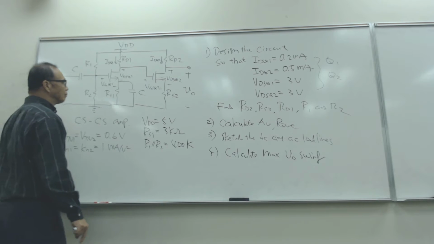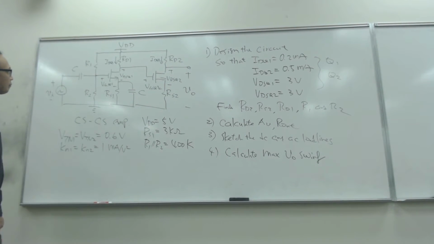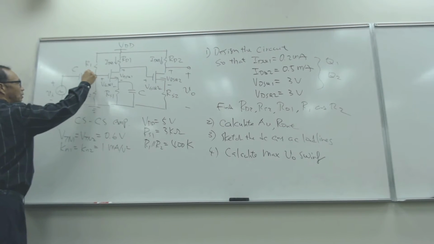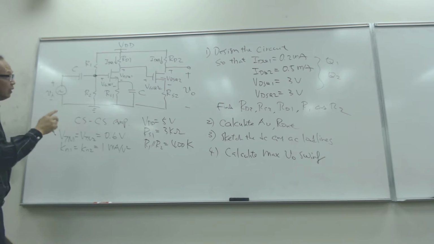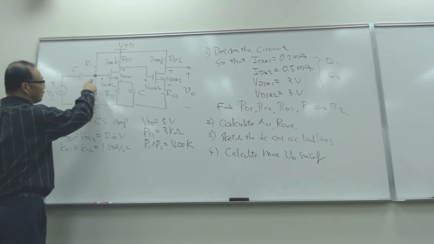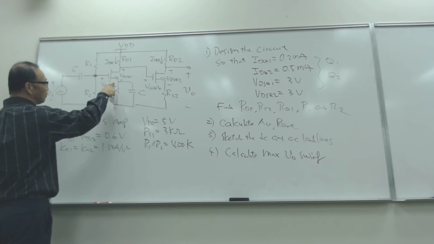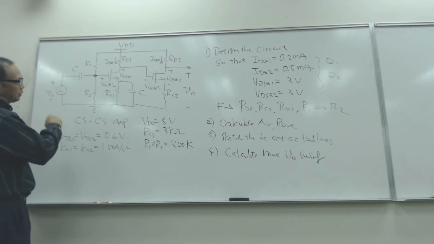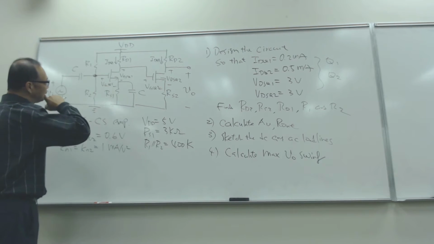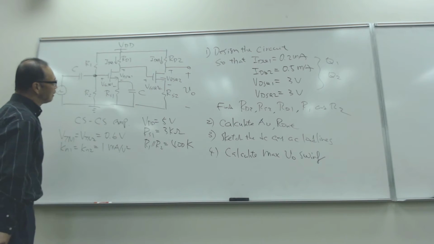Now, if you look at the input loop of the first stage, this voltage is not known, right? Because R1 and R2 are not known. The current is known, but this voltage is not known either. Well, actually, if you know the current, you know this voltage. So it's a possibility to find something from this loop. Okay?